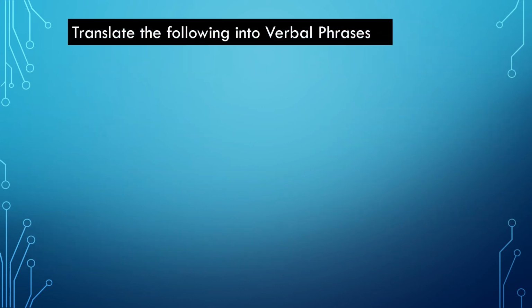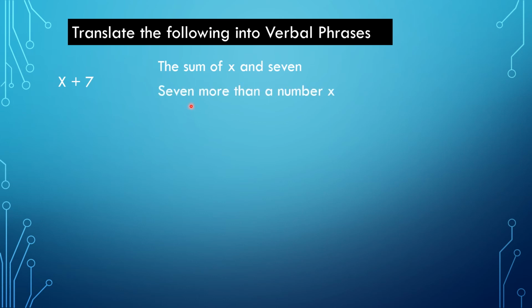So now, we're going to translate the following into verbal phrases. How are you going to translate this? Actually, there are different ways on how you can say this. X plus 7, that's 1. Or the sum of x and 7. Or 7 more than a number x.